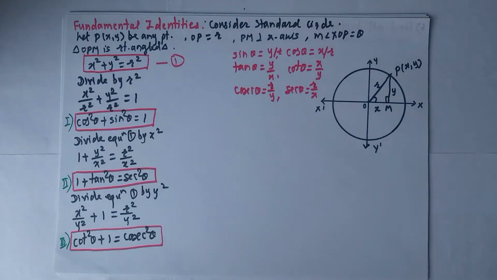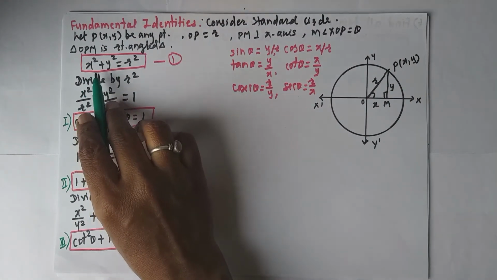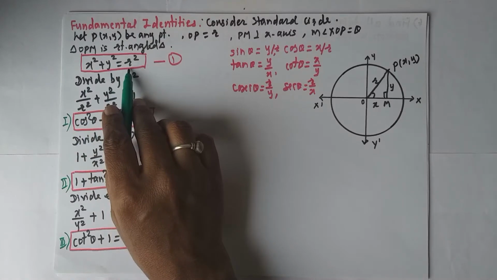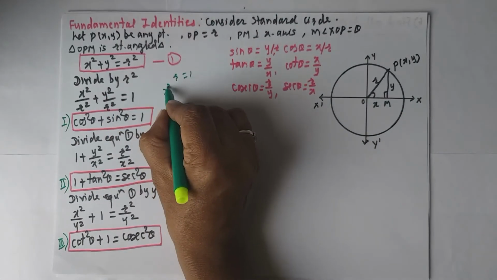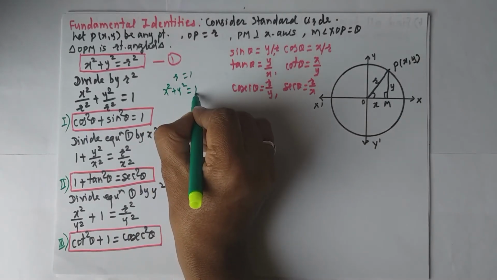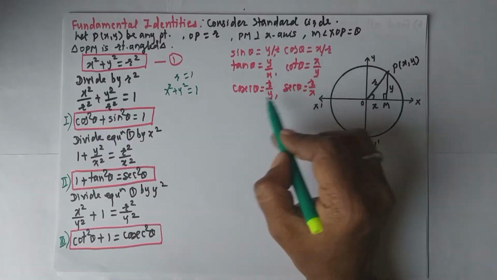If it is a standard unit circle, then this equation reduces to x square plus y square is equal to 1. If the radius is 1, then these functions are simply sin theta is y, cos theta is x, and like that.